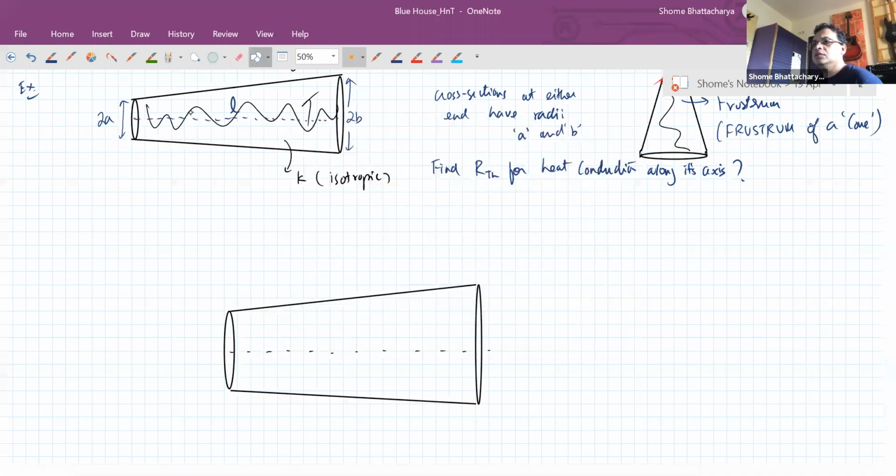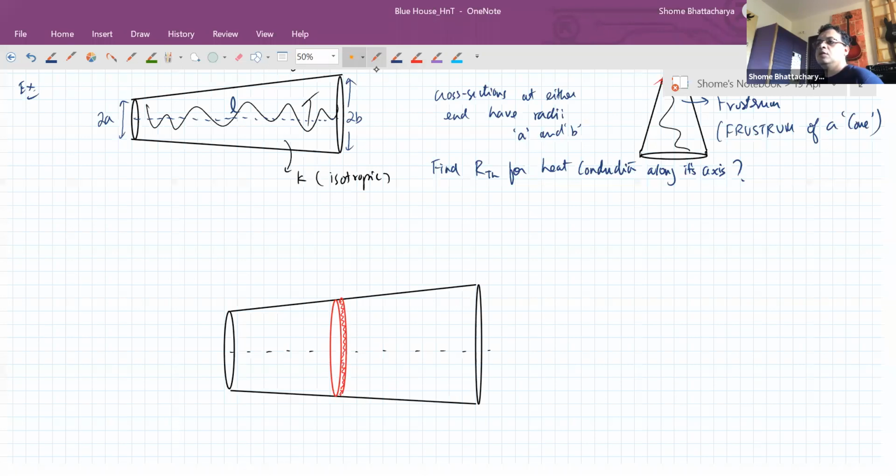So what we can now do is slice it into discs like this. So this becomes a differential element.